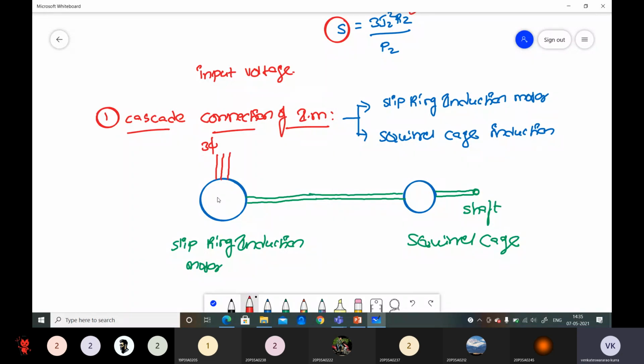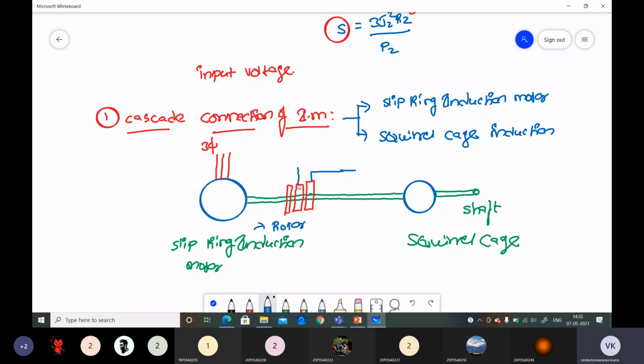Due to the induction principle, some EMF will be induced in the rotor, and here the motor is a slip ring induction motor, so we have 3 slip rings. From the 3 slip rings we can take 3 wires, and this is given as the output of the rotor of the slip ring induction motor.